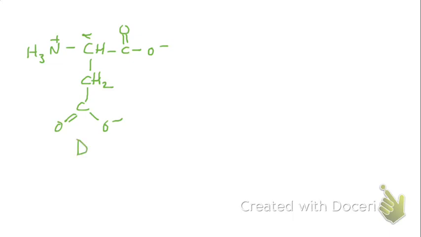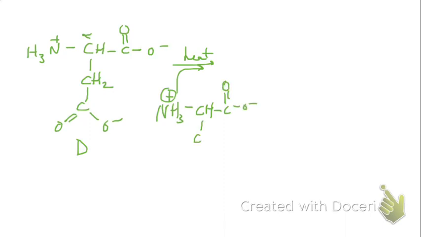D is the one-letter code for aspartate. We add heat, and then we're going to add another one. We're going to add alanine. Alanine is a pretty simple amino acid, and by simple, I mean its R group. So this is alanine. And what we can do is with a little bit of heat, we can combine these two together. And what I'm going to do is just focus on the peptide bond.